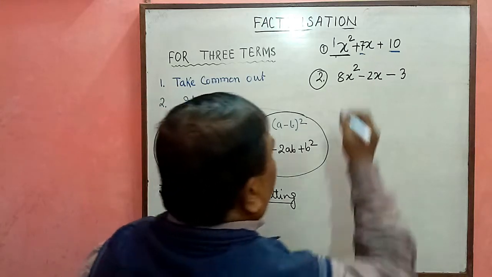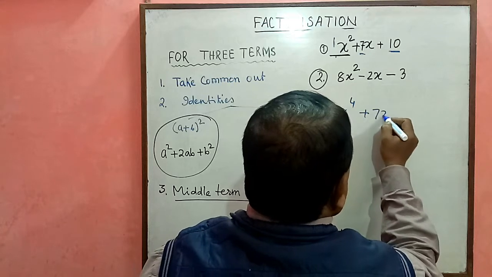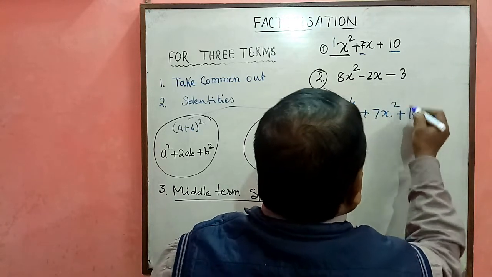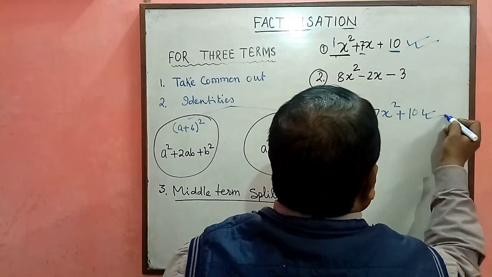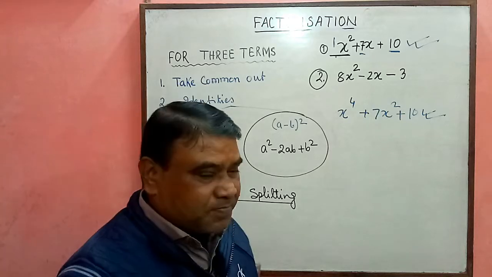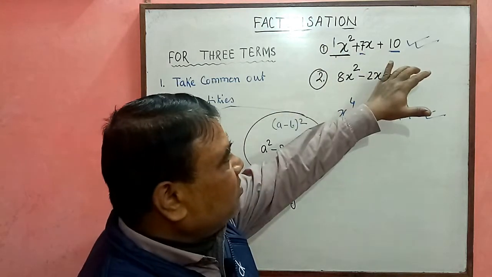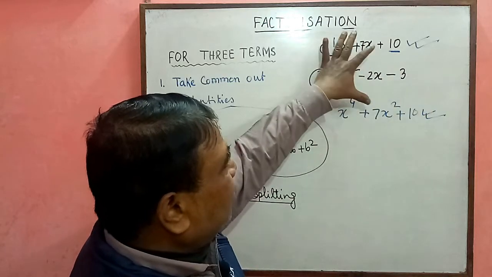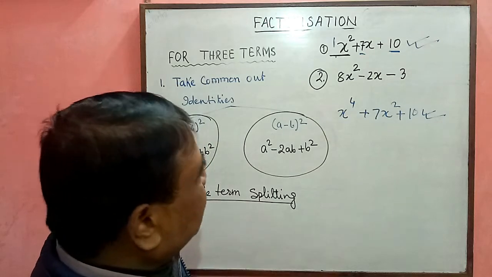Like what I want to say, I can write this equation this way also: x to the power 4 plus 7x square plus 10. If I can factorize this with the help of middle term, I can factorize this also with the help of middle term. Why, I will just discuss, because this is the basic funda with which we can find and use the middle term splitting factor.